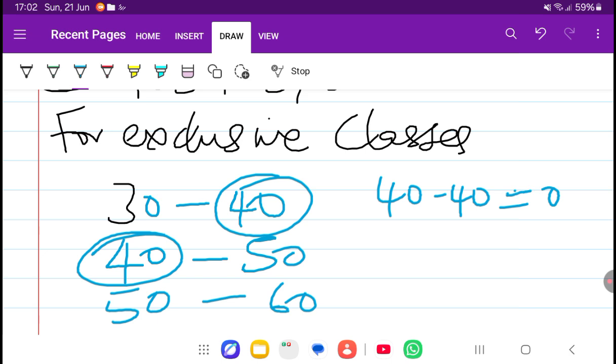There is no gap. That's why we say that for exclusive classes, the class intervals themselves become the class boundary. You will understand when we move along.